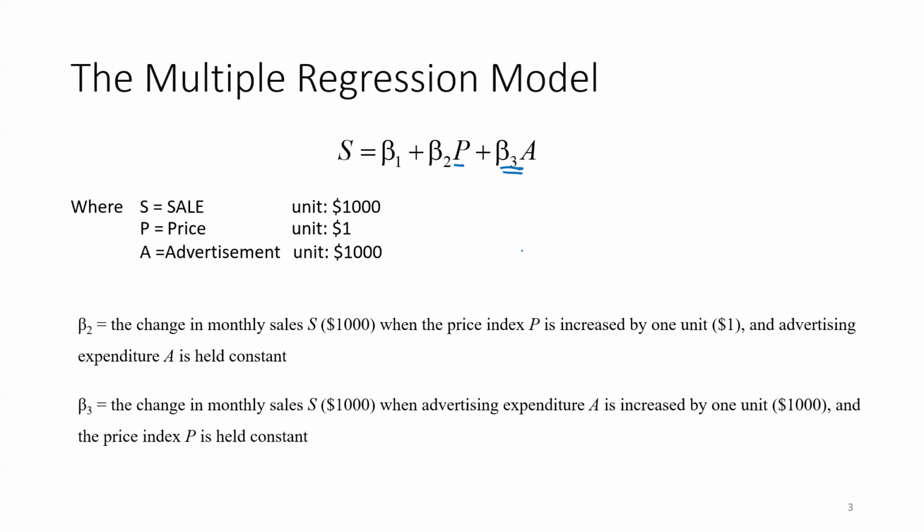Then to interpret it better, beta 2 is the change in monthly sales when the price is increased by 1 unit, and advertising is held constant. So underline: held constant.